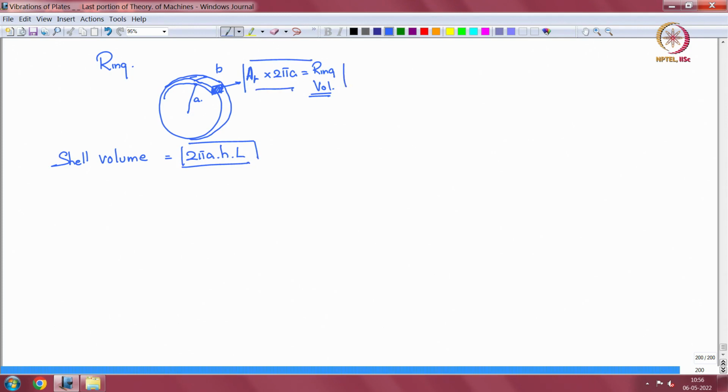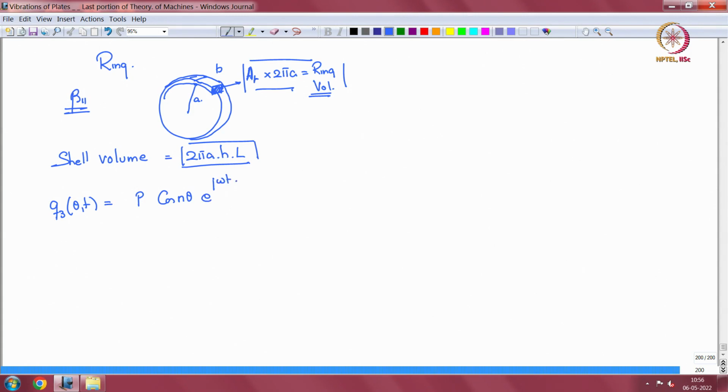Now, for the ring, being a one dimensional structure, we have to find beta 1 1 for it. So the Q3 that is going to be applied has to be again P cos n theta e to the power of j omega t.